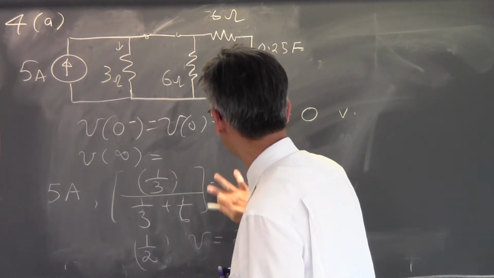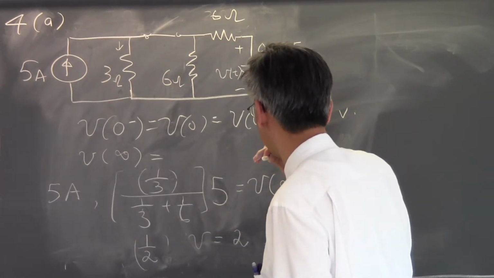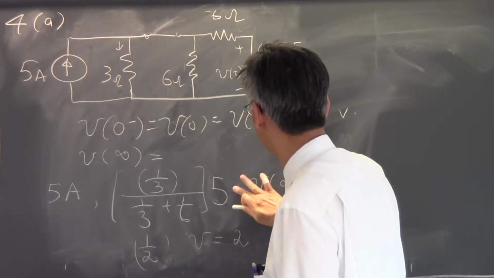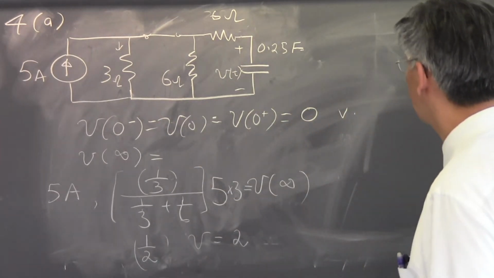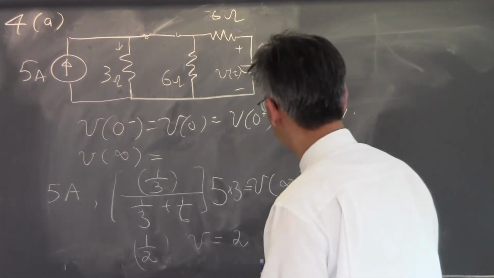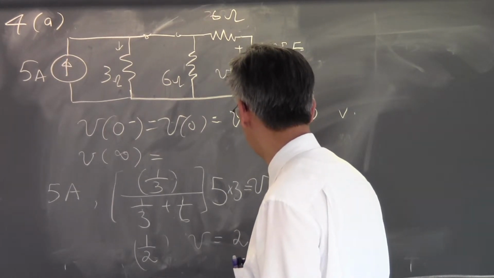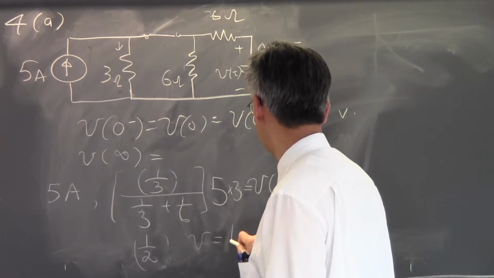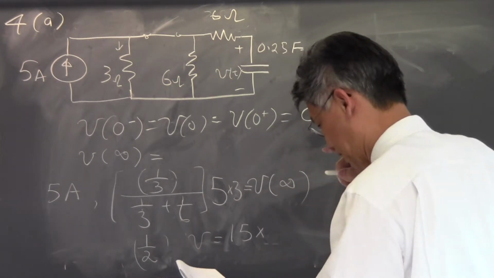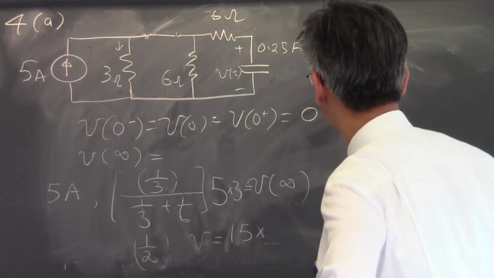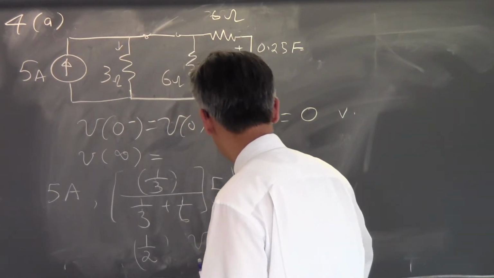Yes, it's multiplied by 5, because I have 5 amps divided by this formula over here, and then times 3, because 3 is the resistance. 3 times this will give me the voltage. So V is equal to 10, no, 15. That doesn't give me the right answer, right? So what did I do wrong here? Yes, the 3 cancels and gives me half, and gives me 10.